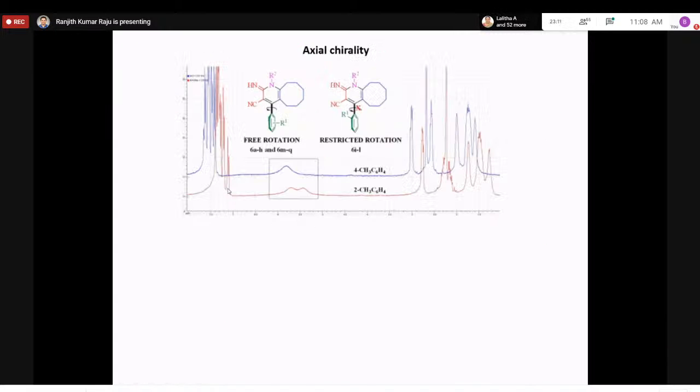As I discussed earlier, we did the low temperature NMR to explore this observation. Another observation in this case: where the phenyl ring had substitution in the 4 position or no substitution, there was only one broad singlet for the benzyl CH2. But once the phenyl carried an ortho substitution or ortho-para disubstitution, there were two broad singlets.